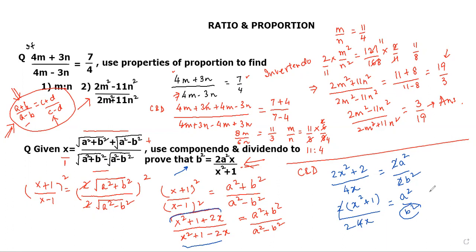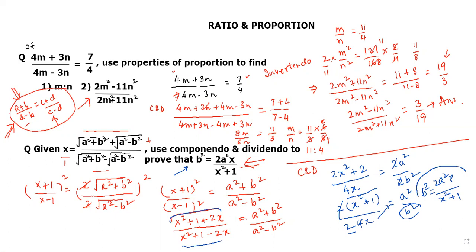So b square, if I take it here, b square will be equal to, now let me cross multiply it here. So this makes it 2a square x. 2 will also go here, 2a square x whole divided by x square plus 1, and this comes in the denominator.